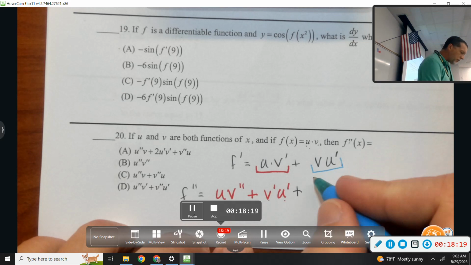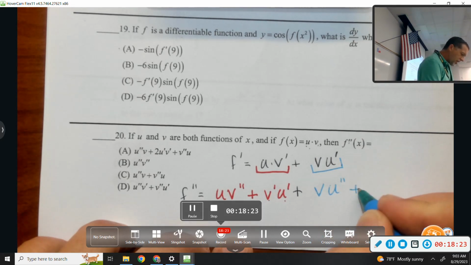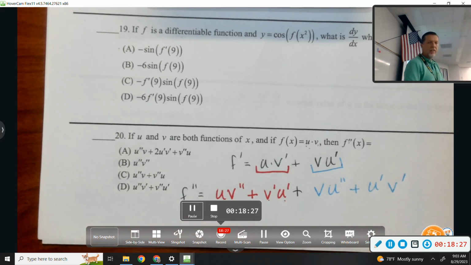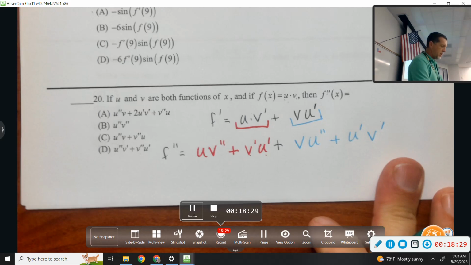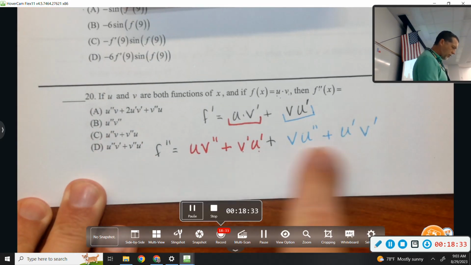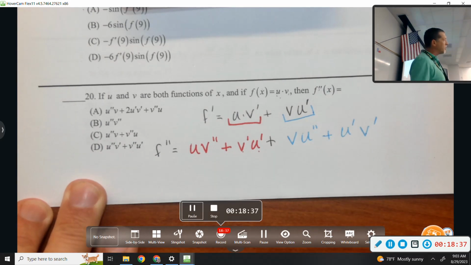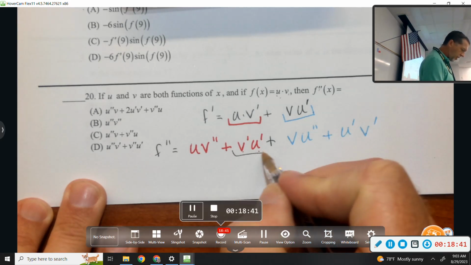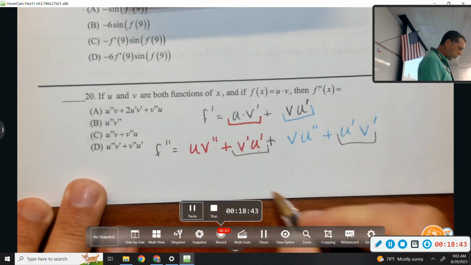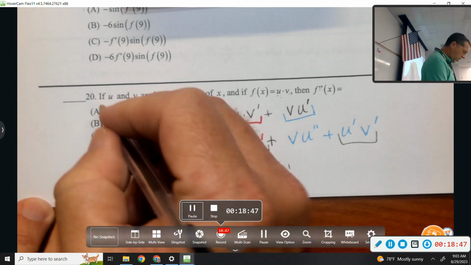The first times the derivative of the second plus the second times the derivative of the first. And this has 4 terms. None of my answer choices have 4 terms. What am I missing? What do I need to do? I got like terms in here. V prime, u prime, there's 2 of them. And so it's answer choice A.